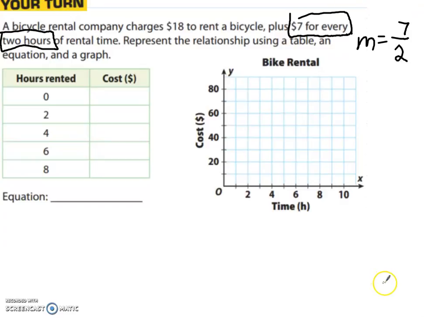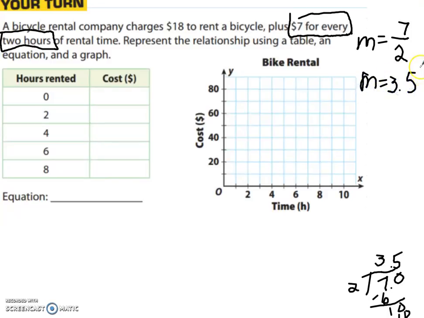Well, that's improper, so I need to divide it out. 2 goes in there 3 times. Decimal, decimal, annex a 0. 2 goes in there 5 times. So the constant rate of change is actually 3.5. The b is 18. So if I'm going to write an equation, it needs to be y equals 3.5x plus 18.